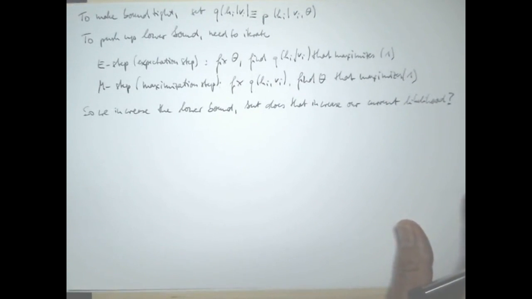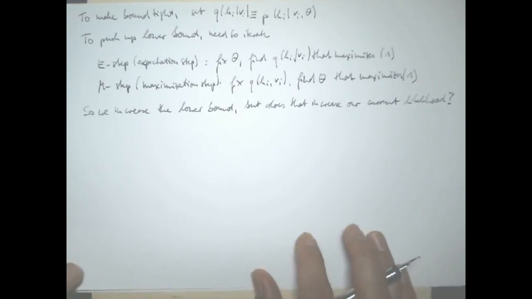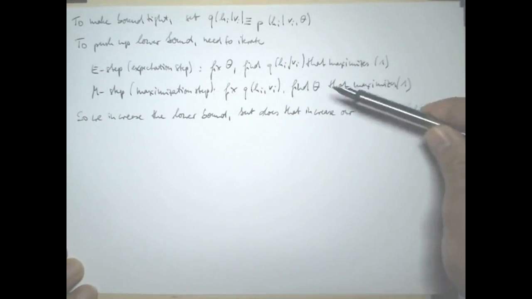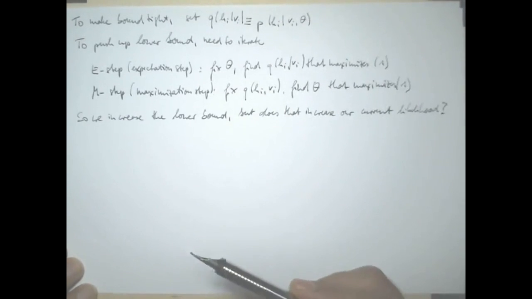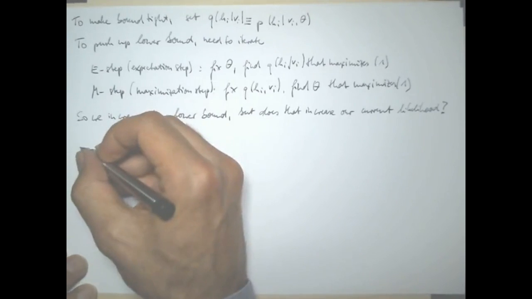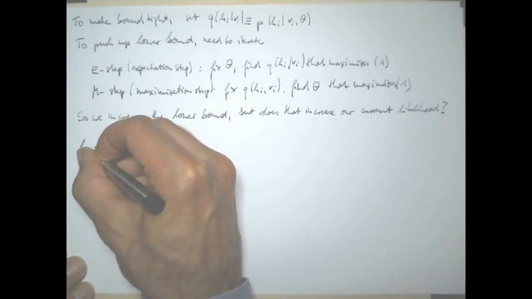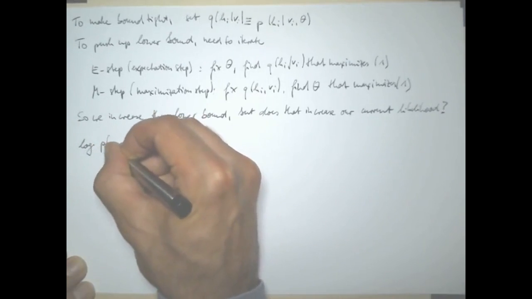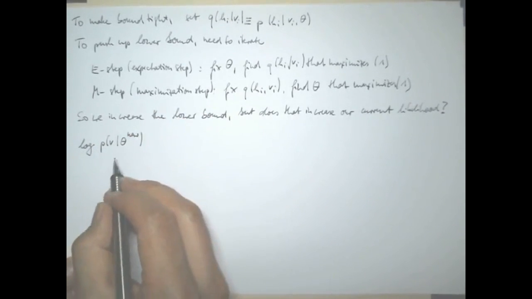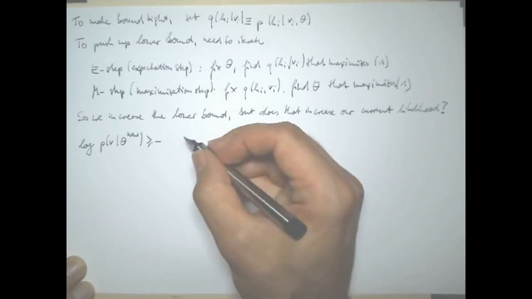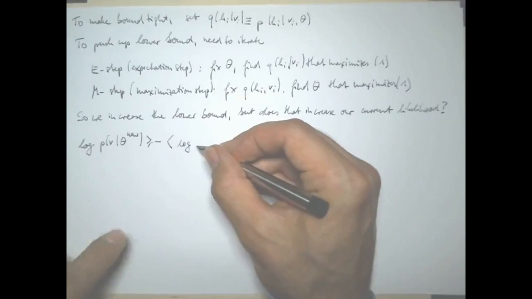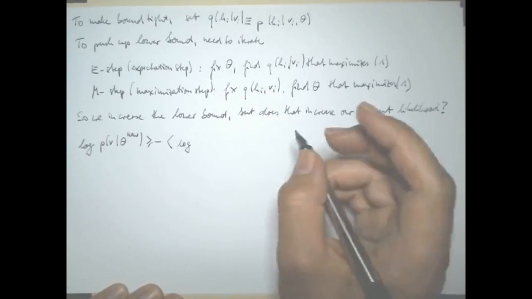So I'm using now the values that made the bound tight, but you see that we now iterate this, so I'm going to give an index old to the old parameter set. So for the lower bound we get the following. The probability of the visible variables given the new parameter estimate should be, so I'm copying the old expression for the lower bound, but introducing now the distinction between old and new parameter estimates.